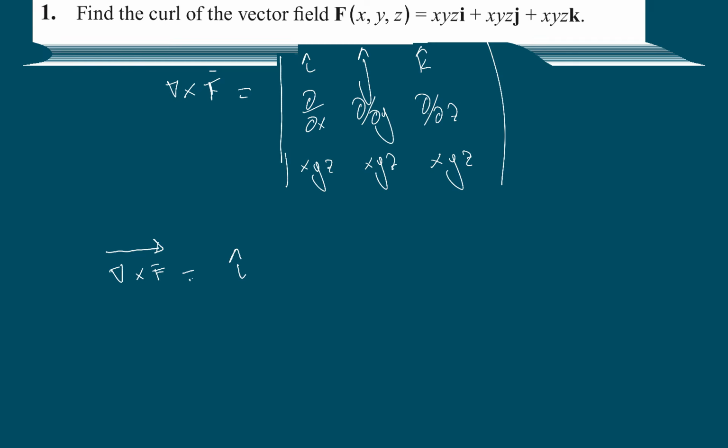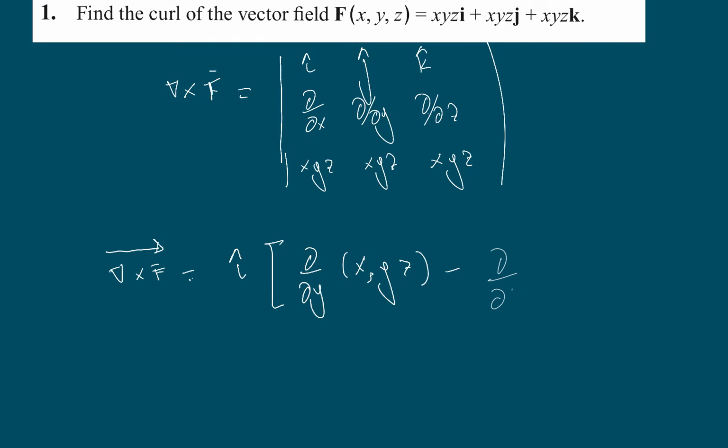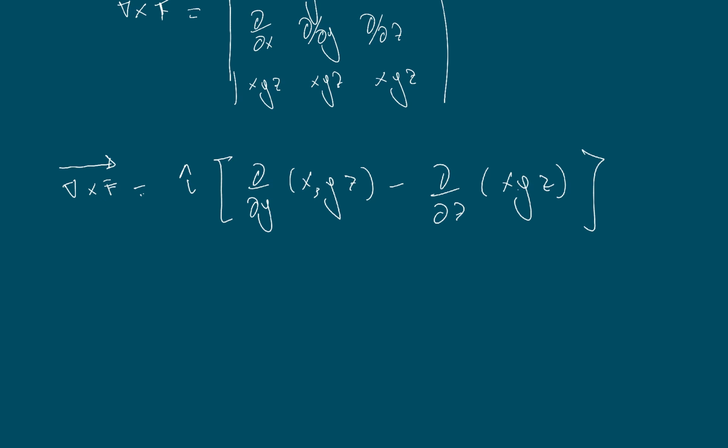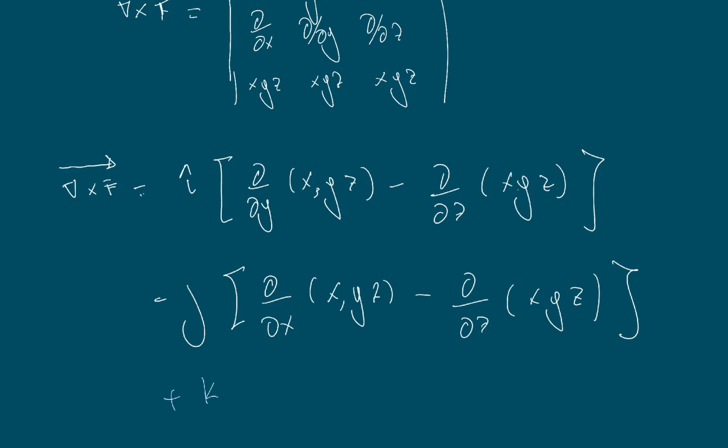And it will be i, the derivative with respect to y of the third component minus the derivative with respect to z of the second component, minus j, the derivative with respect to x of the third component minus the derivative with respect to z of the first component, plus k, the derivative with respect to x of the second component minus the derivative with respect to y of the first component.